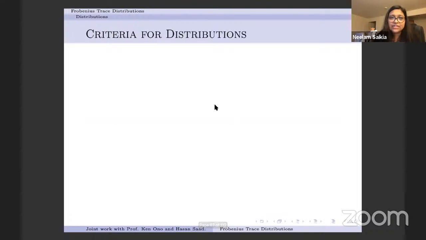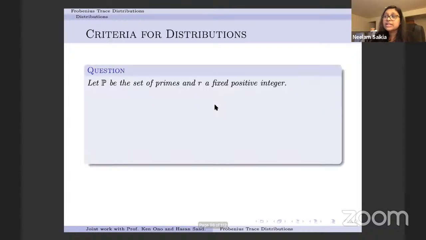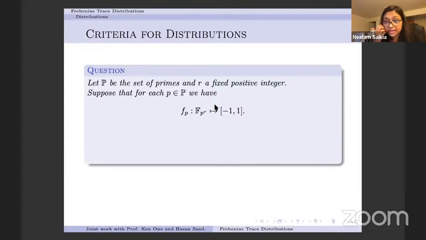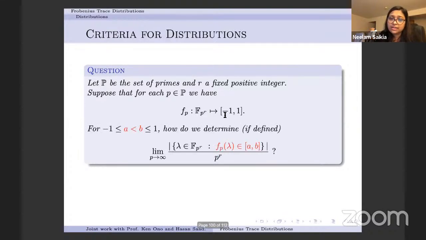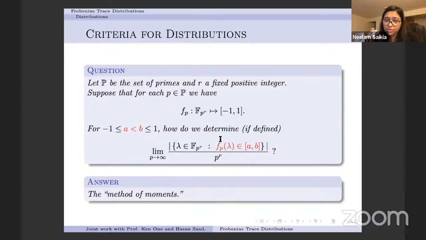Now we briefly give the criteria for the distribution. It is a general question to ask: whenever we have a function from the finite field F_q to the interval minus 1 to 1, what can be said about the distribution of this function? Here we apply the method of moments.